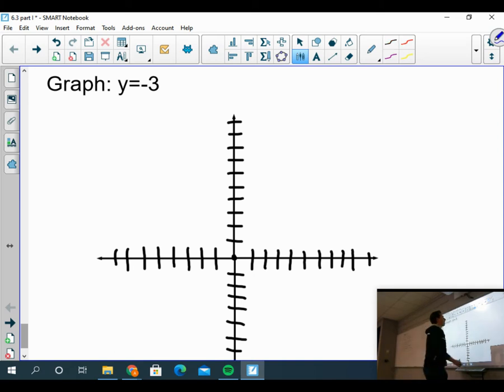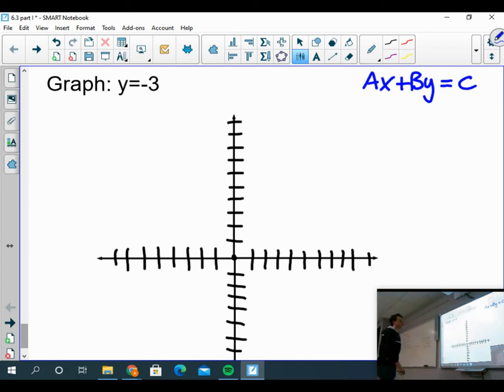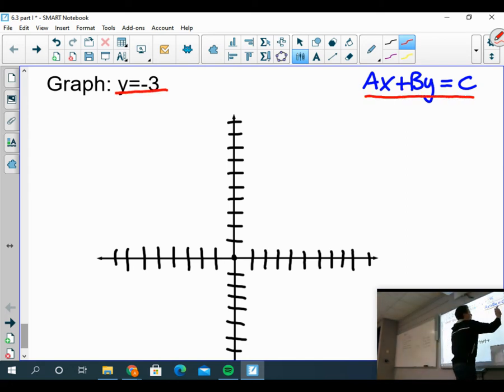If we think back, we know we're working in standard form here. So what elements do we see present in the y equals minus 3 that we see in our equation for standard form?